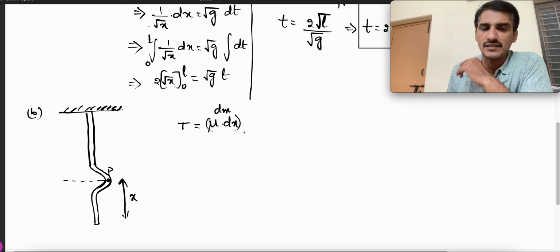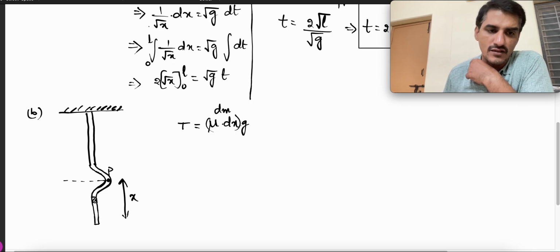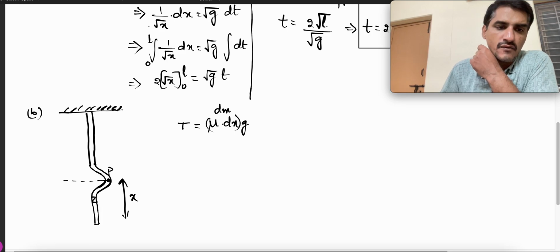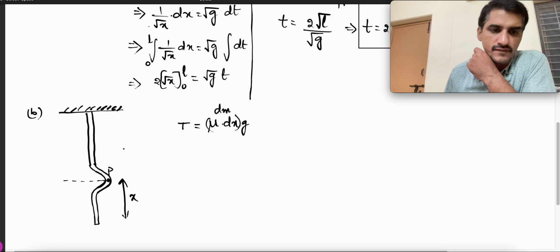The tension is called mg actually, and that m value I am now writing as dm into g. I am just taking one elementary portion because the density is not constant throughout. That's why I am taking the dm value, where we are taking the point P, there we are considering the element. See, I am taking that element here.